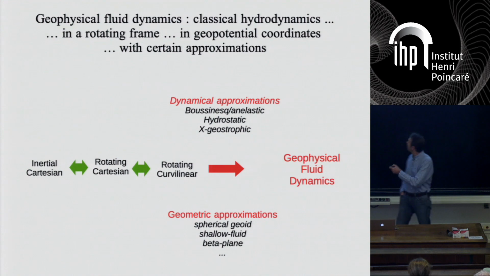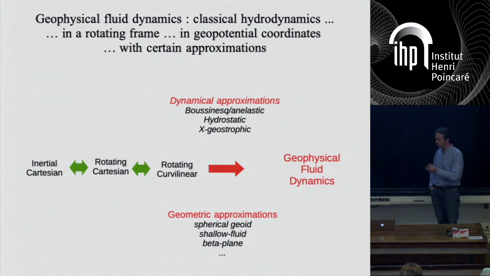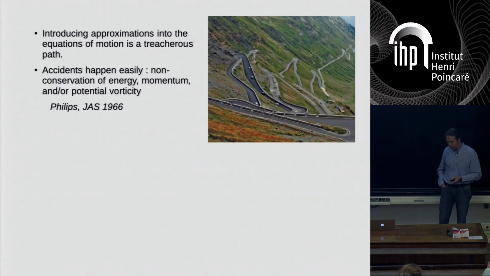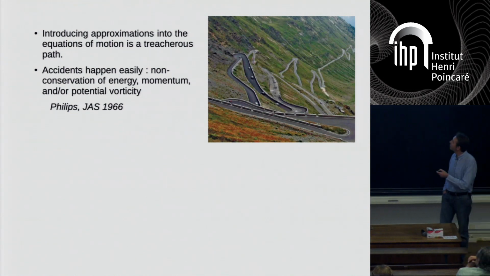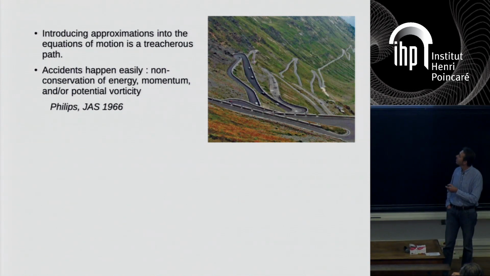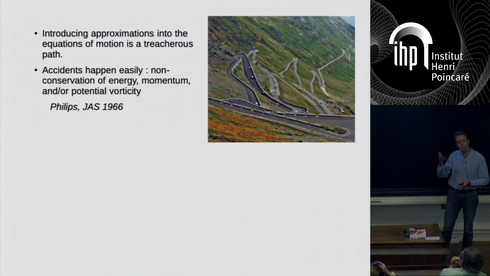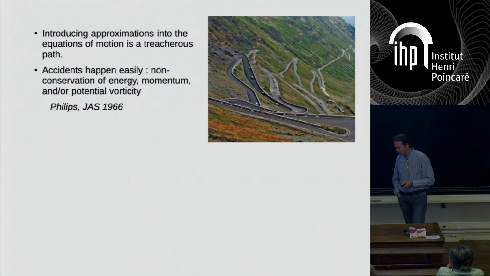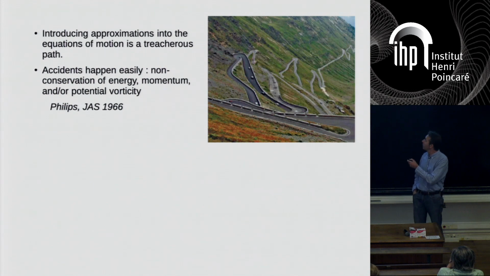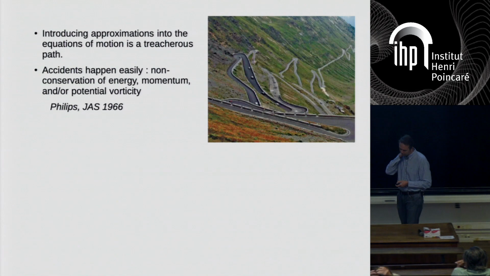And in fact, this red arrow can be a dangerous path, and many accidents can happen along the way. Typical accidents are the non-conservation of energy, momentum, or potential vorticity. There are well-known examples. For instance, one of them is discussed in this paper by Phillips.